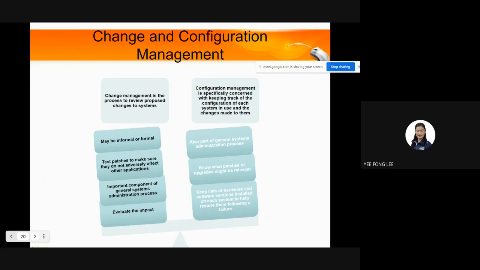Change management is an important component in the overall system process because changes can affect security. It overlaps with IT security management, so it has to interact with all the overlapping IT security management processes.